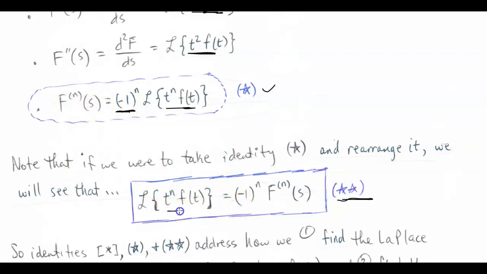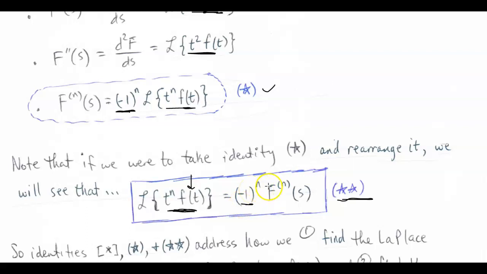And so we see that if I wanted to figure out the Laplace transform of t cubed times some function f of t, I could just focus on figuring out the Laplace transform of f, do that, and then take the nth derivative. In this case, it'll be the third derivative of whatever the Laplace transform of this is. And since n is 3, I know that this quantity will end up being negative.